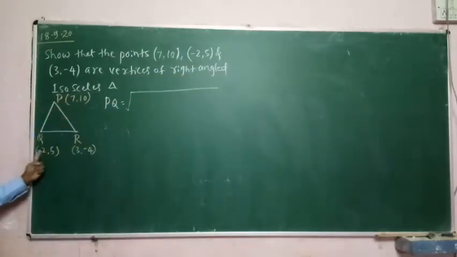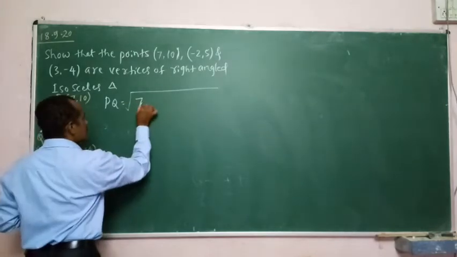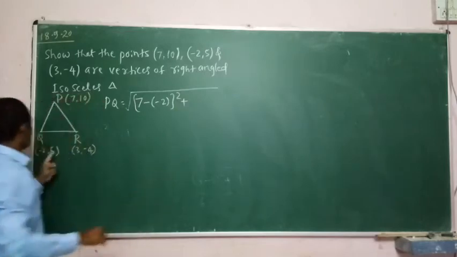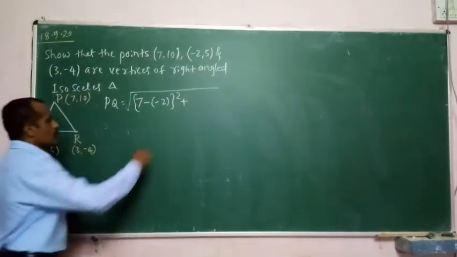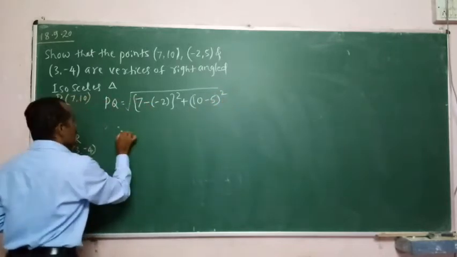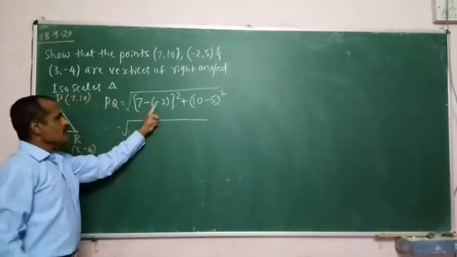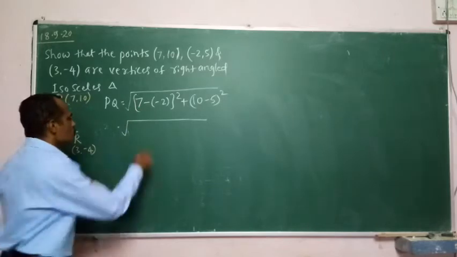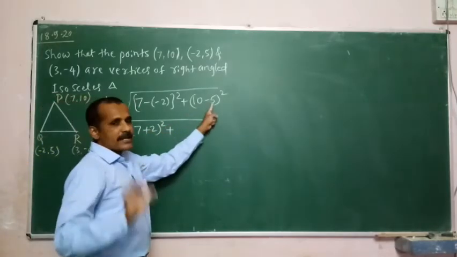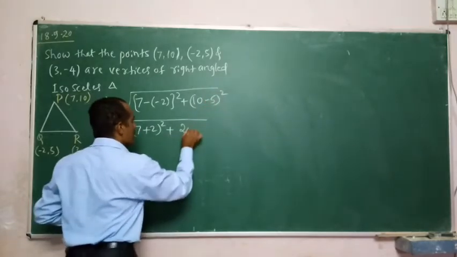7 minus of minus 2, the whole square, plus 10 minus 5, the whole square, which is equal to under root. Minus of minus is plus, 7 plus 2 the whole square, plus 10 minus 5 is 5, 5 square is 25.